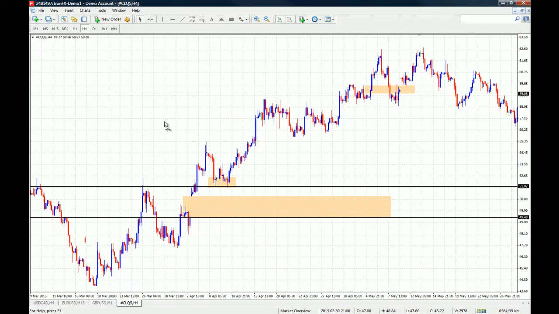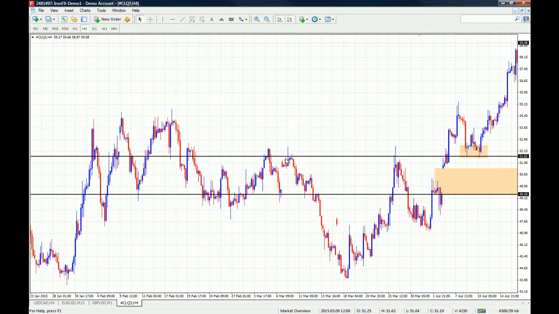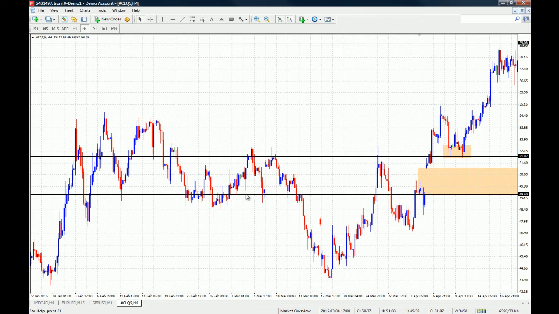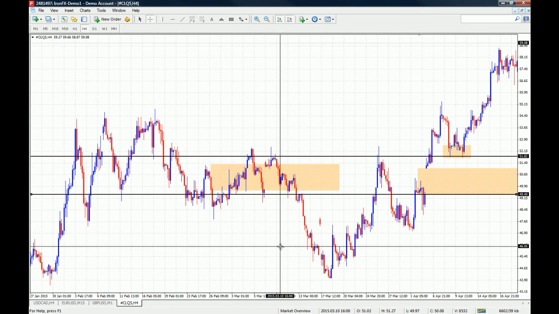Now if we go back and look at this movement right here, you can see that the gap is right about here. On Friday we closed at 49.66, and we opened on Sunday higher at 51.12.